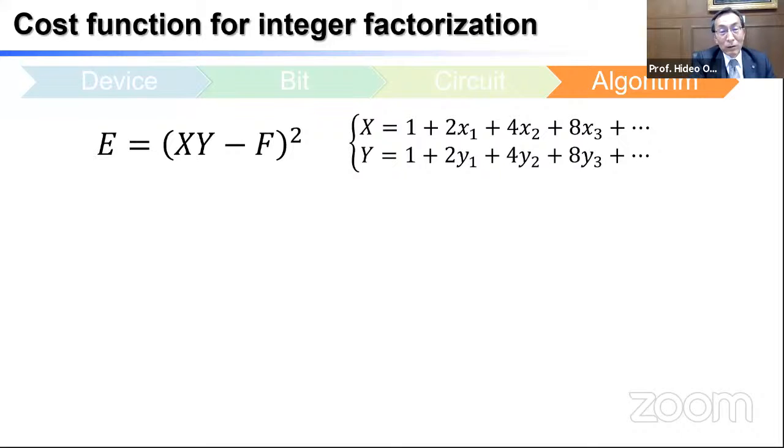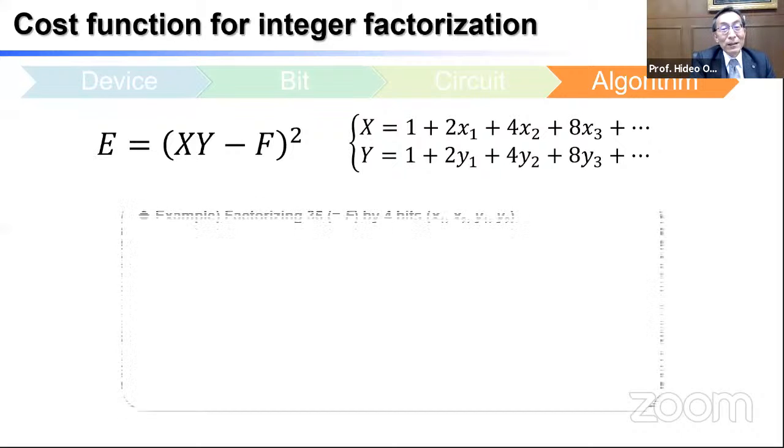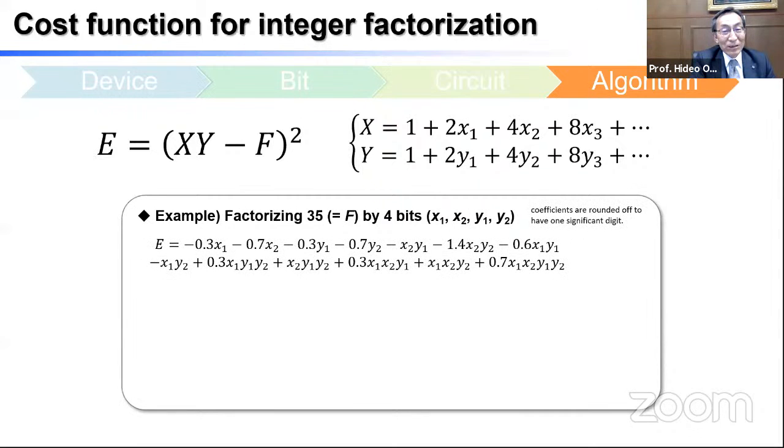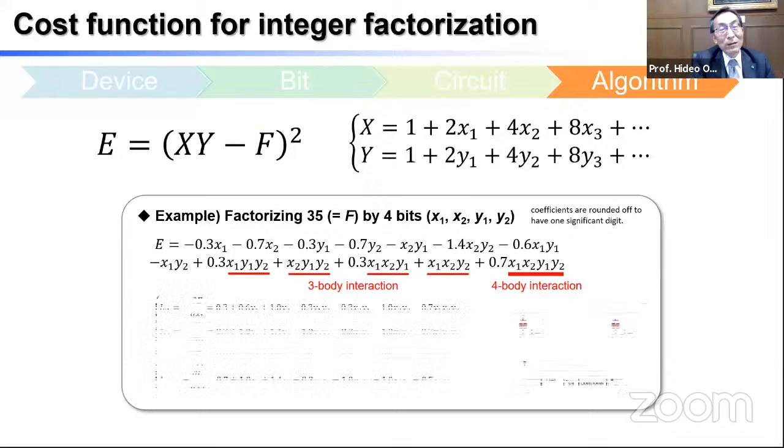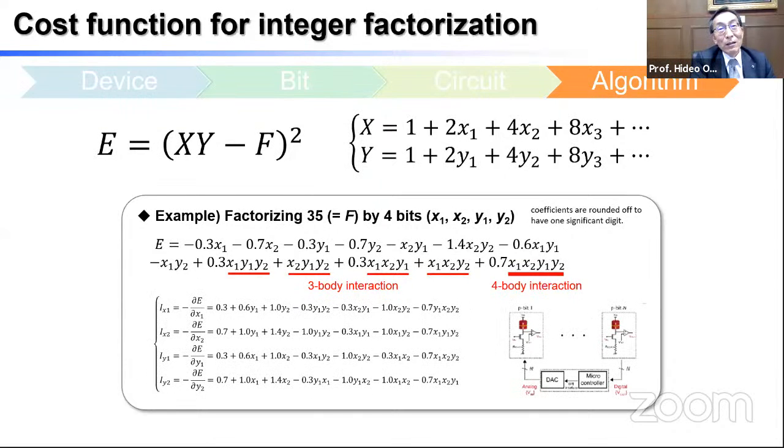I will not go into the details because I only had 3 minutes a couple of minutes ago, but these are the functions for factorizing 35, and the important part is that you can implement this in a quantum annealer, but it's extremely difficult on a quantum annealer because this 3-body interaction is not physically easy to implement there.